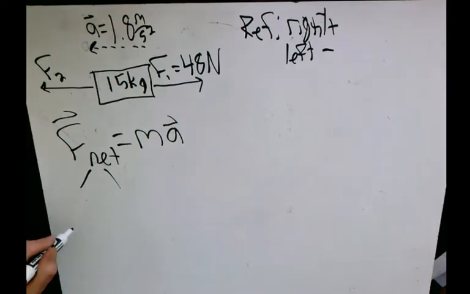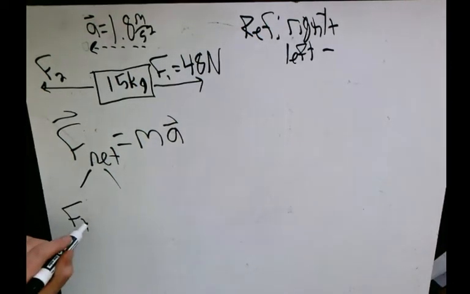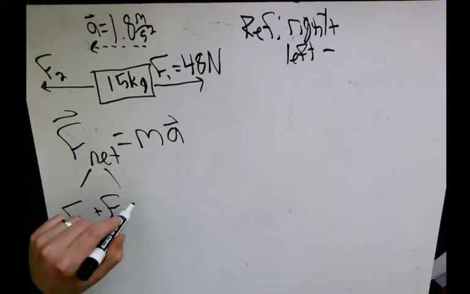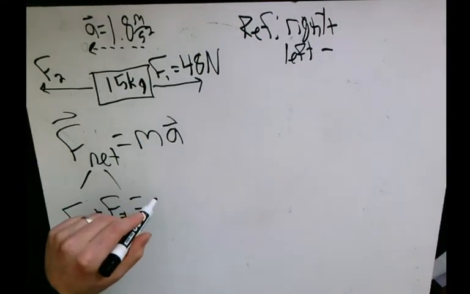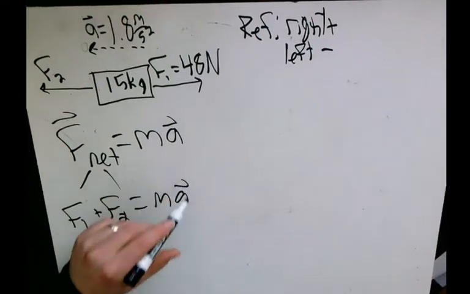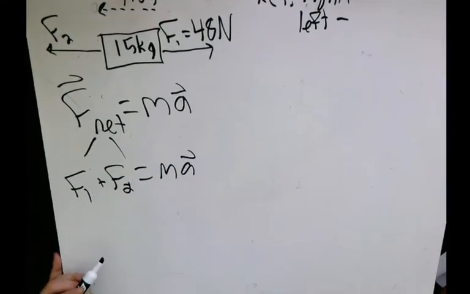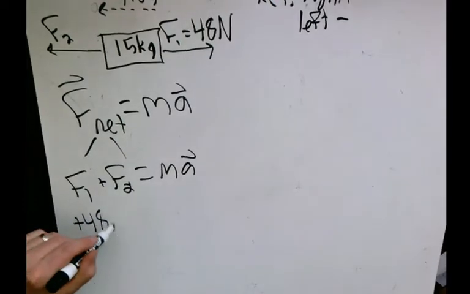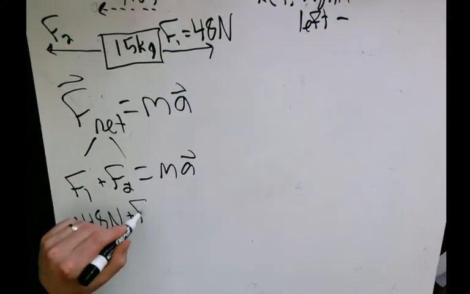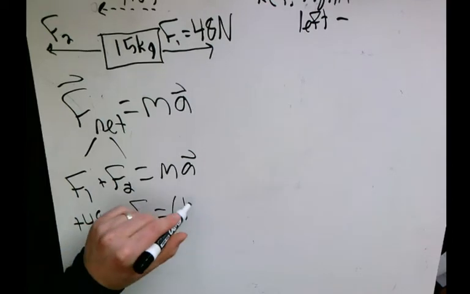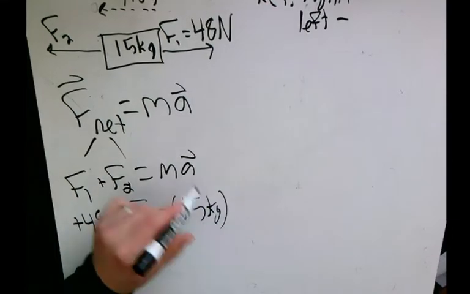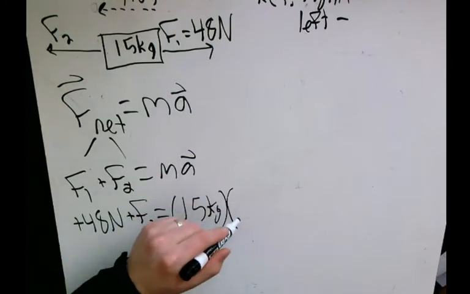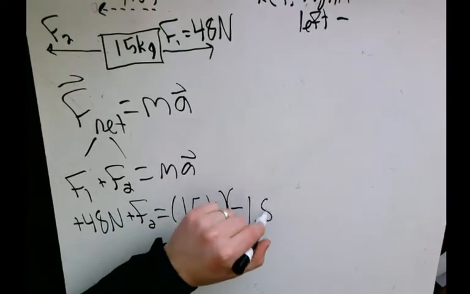So we have F1 plus F2 is equal to our mass and our acceleration, where our F1 is known as positive 48 newtons plus our unknown F2 is equal to 15 kilograms, the mass of the box, times the acceleration, which is to the left, so we need to include that negative.